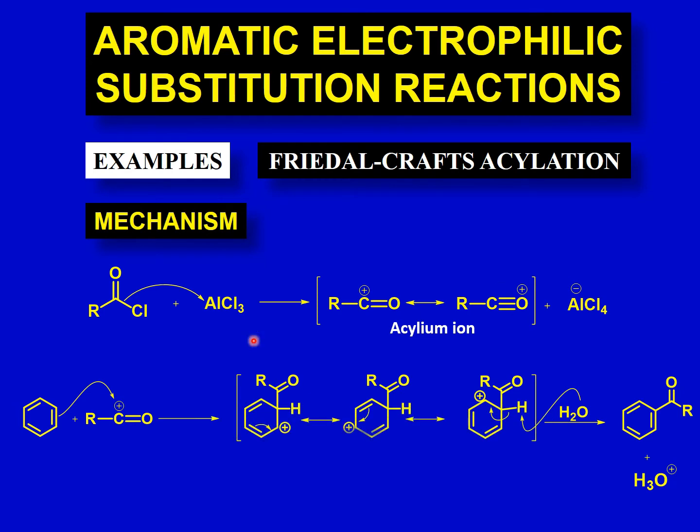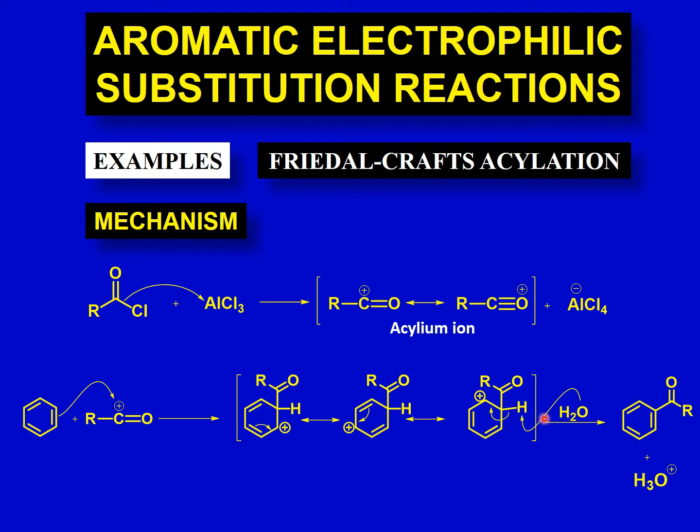In the second step, the pi electrons from benzene attack the electron deficient carbon of the acylium ion, and as discussed in the previous examples of nitration and sulfonation, a sigma complex is generated here. We have a positive charge now inside the ring which is in conjugation with the pi electrons of the ring, and that is why it delocalizes and resonates, shifting its position throughout the ring.